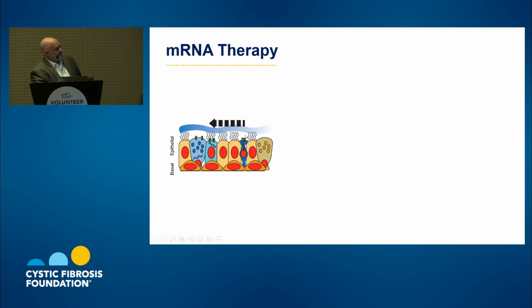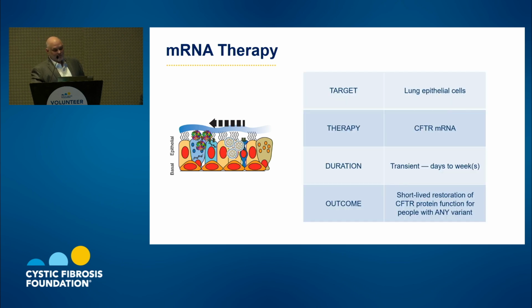They don't look much like CF cells in this case because we've illustrated them as being hydrated on top with mucociliary clearance, the little black arrow, but this is the goal that we want to get to, right? So we basically develop a particle that encapsulates, in this case, messenger RNA that gets delivered into the cell, and then we can express the protein.